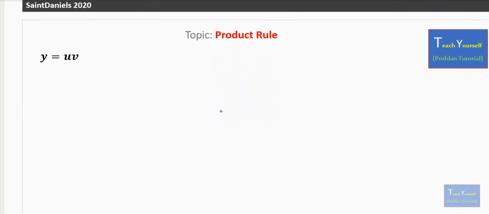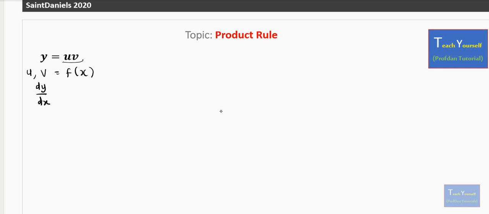Given a function y equals uv, where both u and v are functions of x, and y is a function of u and v, what is going to be our differentiation of y with respect to x?